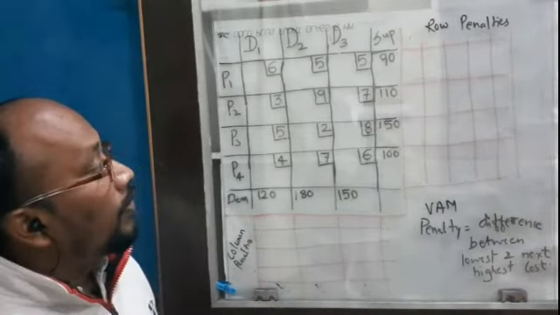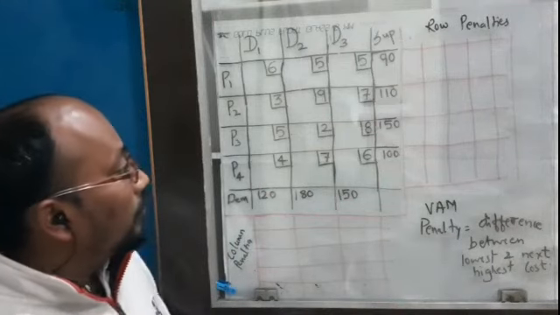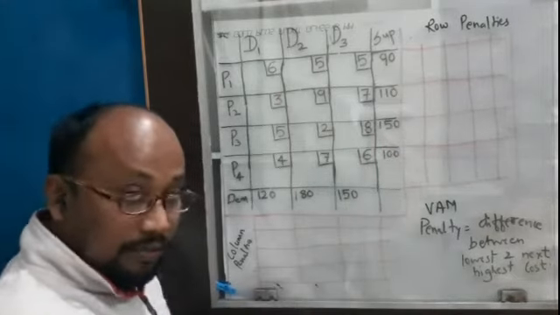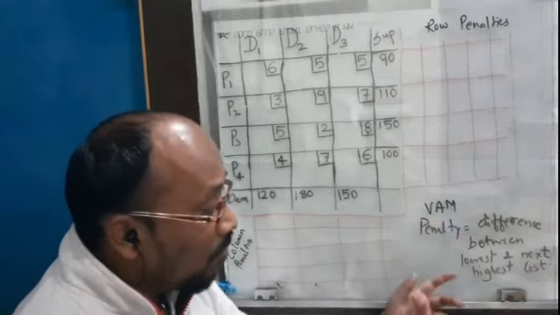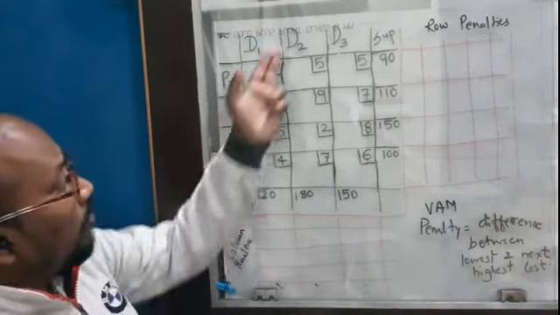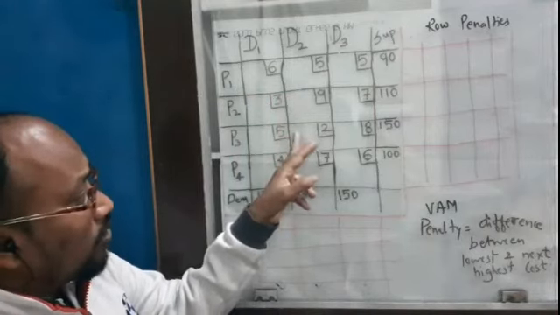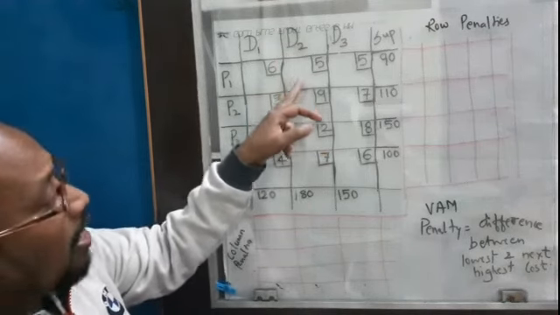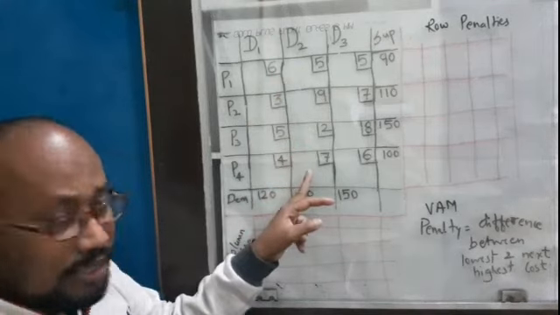As I explained previously, we have to calculate penalties, row penalties and column penalties. What is the penalty? The penalty is the difference between the lowest and the next highest cost. For example, for D2 the lowest cost is 2. If this route is not available, the next highest is 5, and if that route is not available, the next highest is 7.